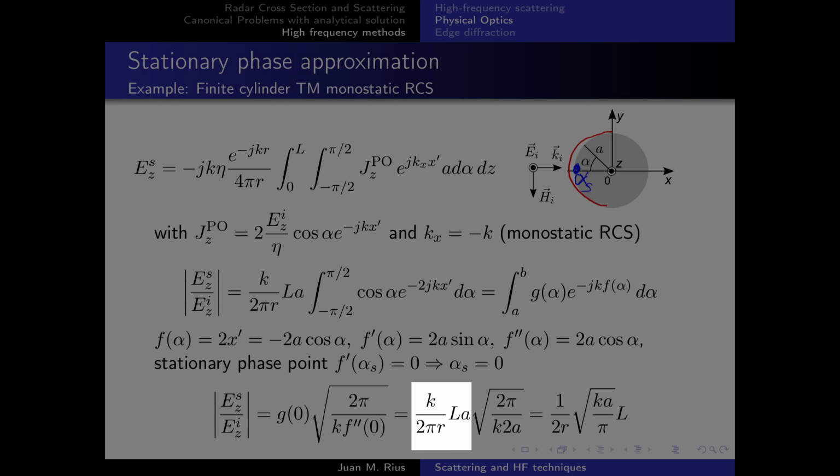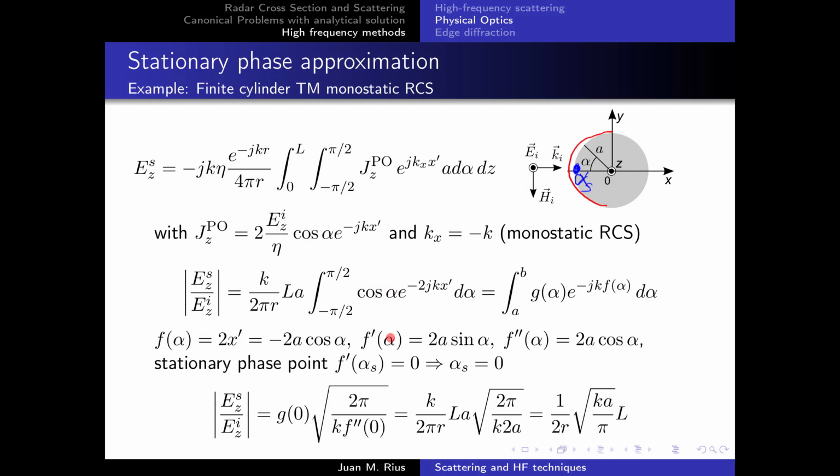So we have here all the constants, and for the computation of the integral, g0 is 1, because the cosine of alpha at alpha equal to 0 is 1, and what remains is the square root of 2 pi over k times the second derivative of f at the stationary phase point.